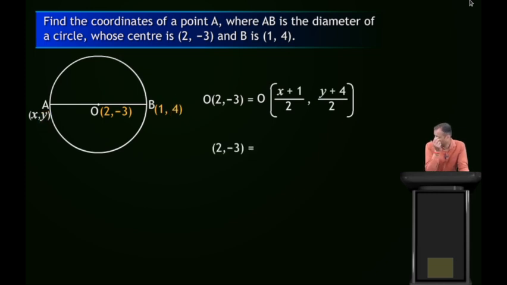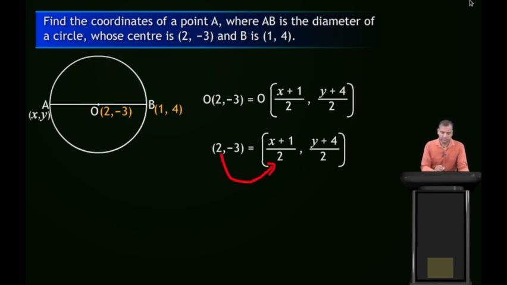This is called the midpoint formula. And after solving this one, you will get (x plus 1) upon 2 comma (y plus 4) upon 2. So this is the same formula. So we can equate 2 with (x plus 1) upon 2 and minus 3 with (y plus 4) upon 2.